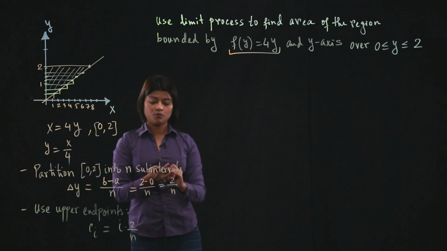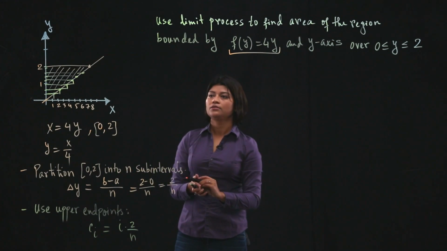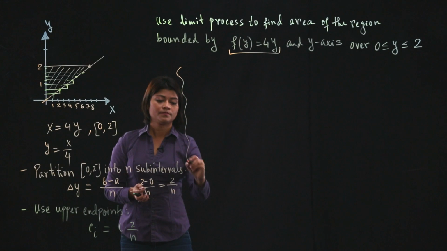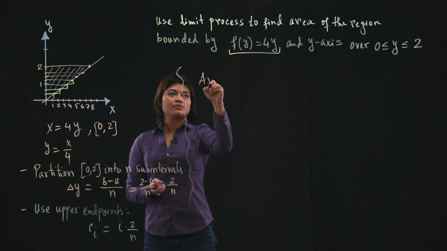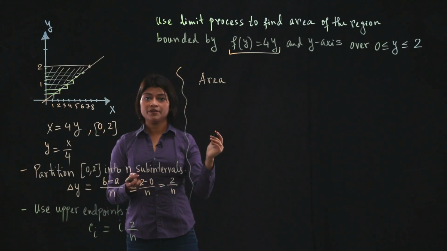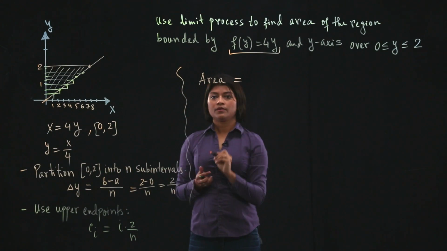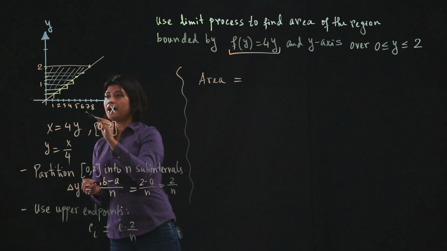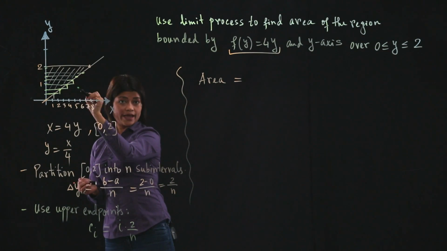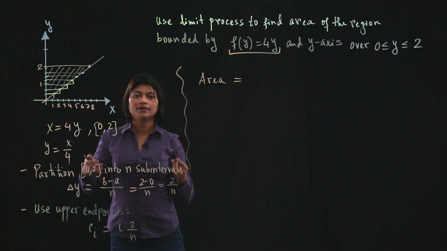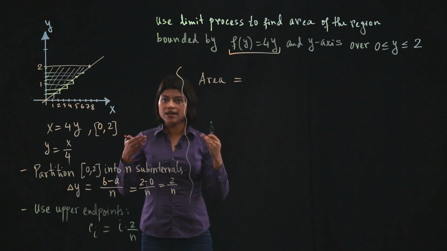Once we have those endpoints, all we have to do is write down the limit definition that will give our area. What is the area? We have to find the area of each arbitrary rectangle, and the area of a rectangle is length times width.